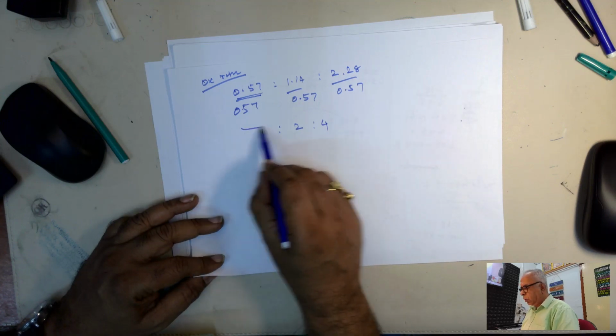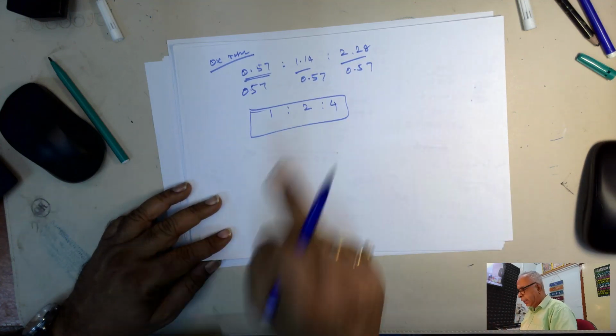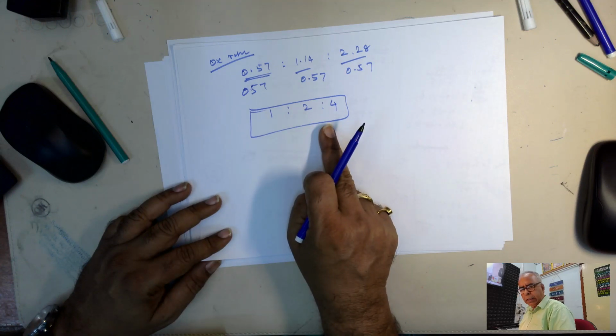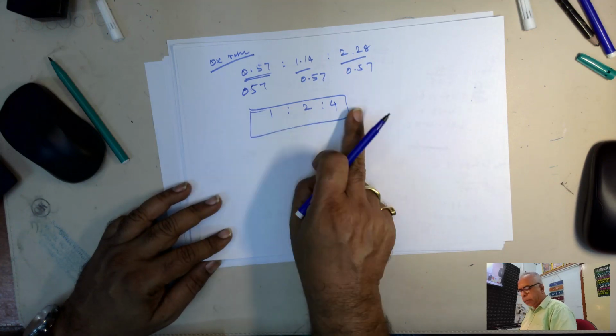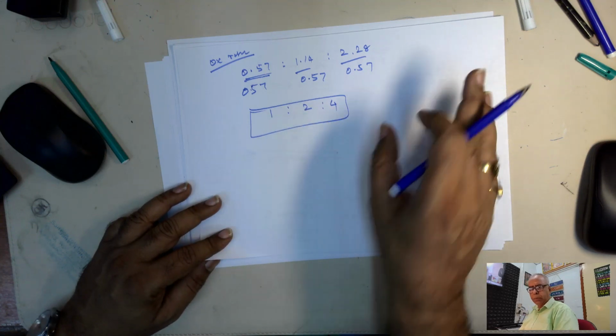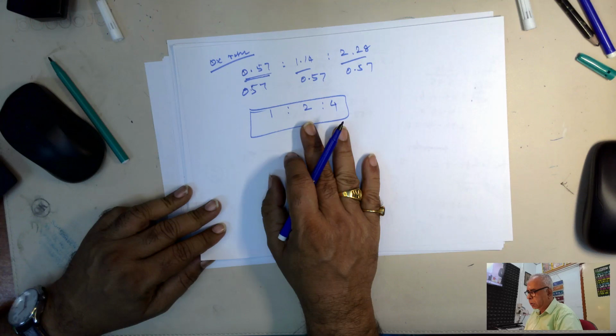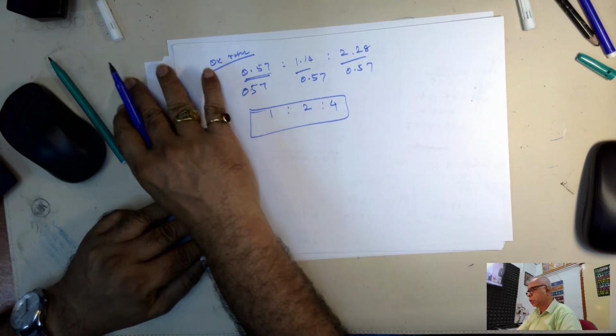Got it? So the ratio is 1 is to 2 is to 4. That clearly indicates they have multiple proportions, and that is why it is called the law of multiple proportions. So do you understand this? So this establishes the law of multiple proportions.